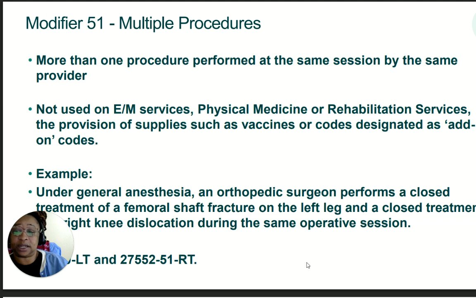Example: under general anesthesia, an orthopedic surgeon performs a closed treatment of a femoral shaft fracture on the left leg and closed treatment of a dislocated right knee during the same operative session. So we're going to use LT indicating the left leg, and 27552 with the 51 modifier for multiple procedures, and indicate the RT for the right knee dislocation.